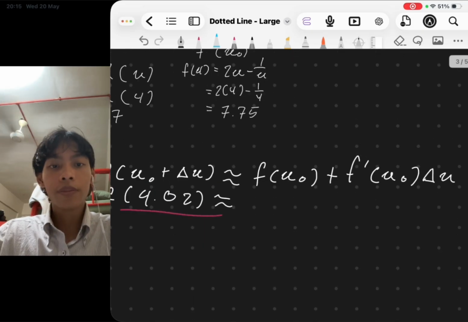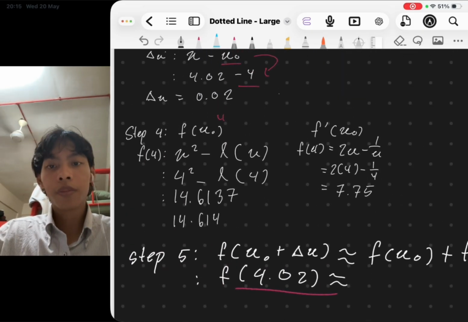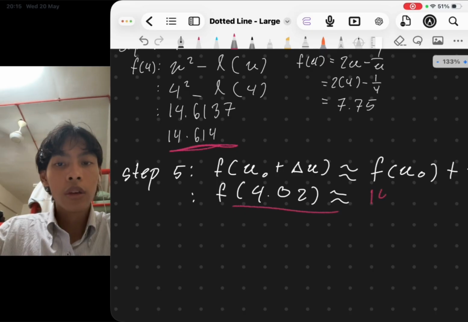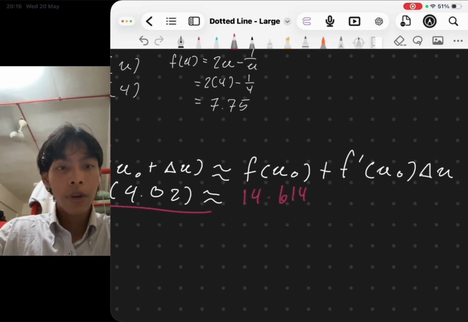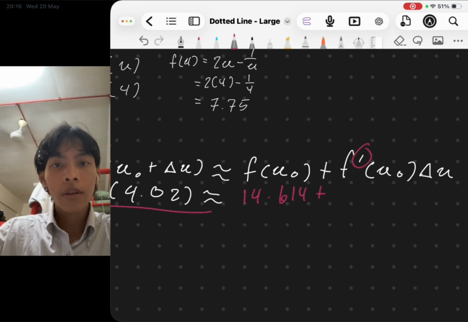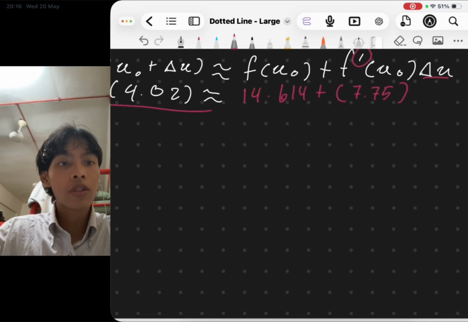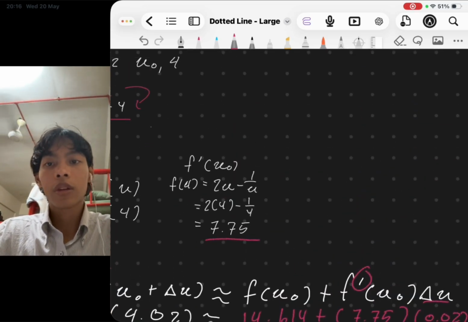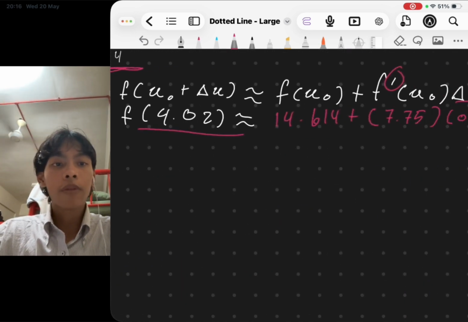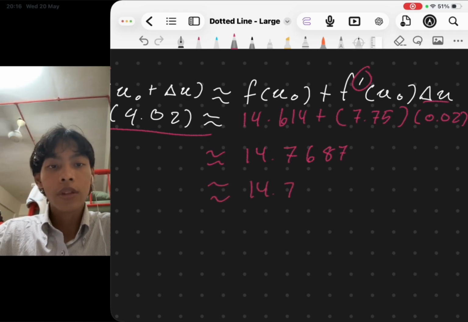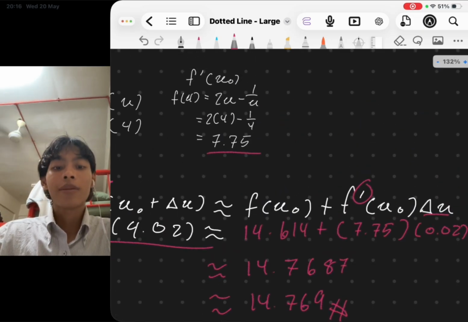Like I said before, it is 14.614, plus the second part, which is f prime x0, 7.75, multiplied by the slope of x, which is 0.02, which we counted from before. We put everything in the calculator and we get 14.7687, or to 3 decimal places, 14.769. So that is the final answer.